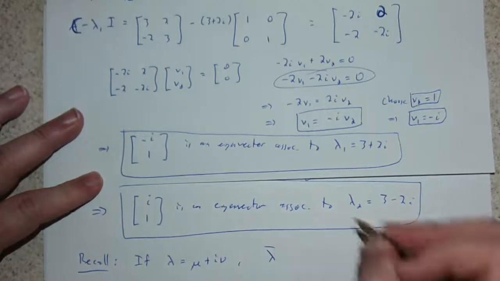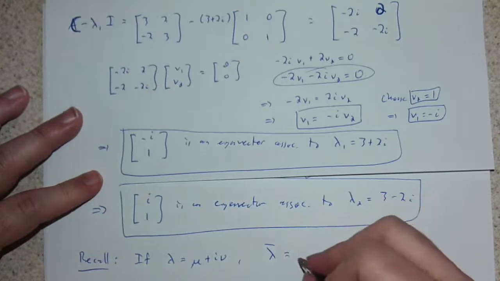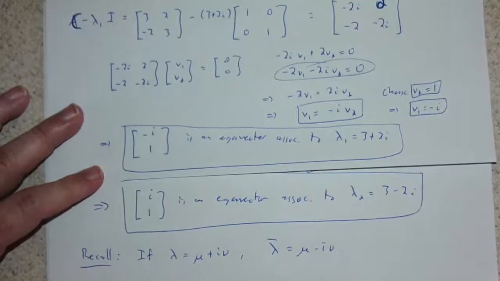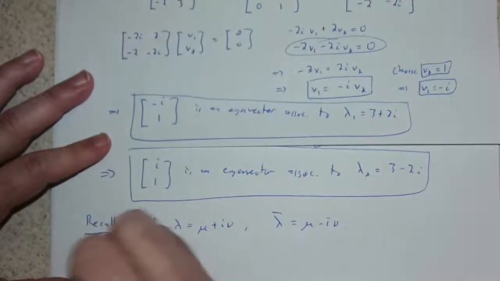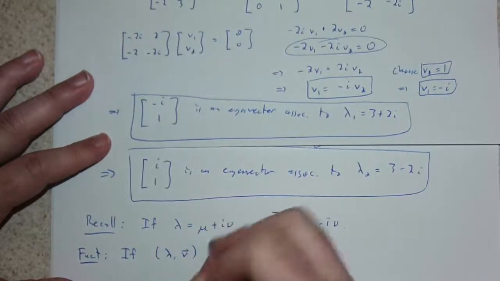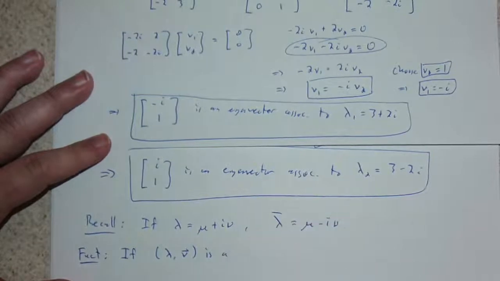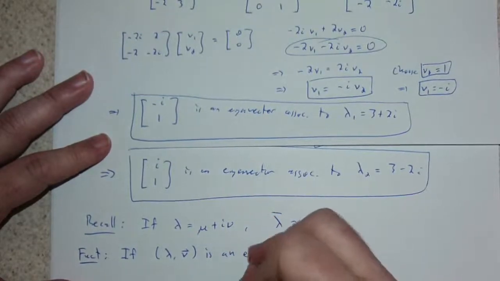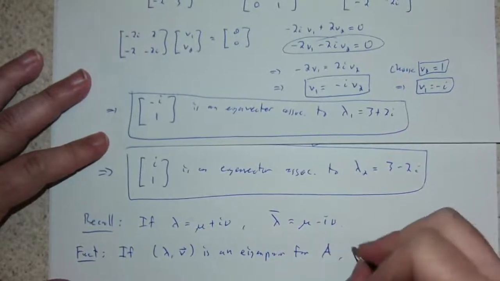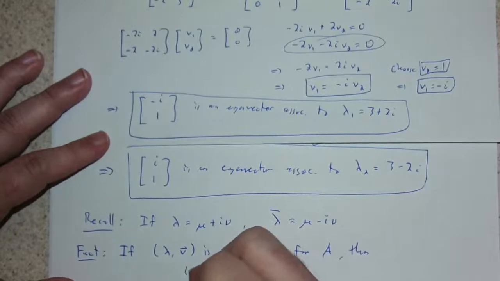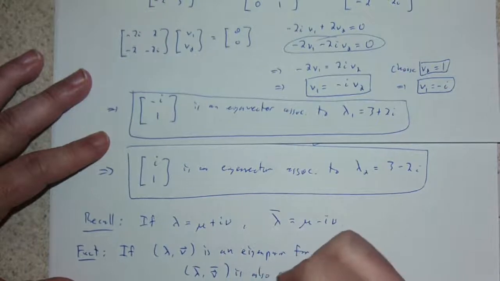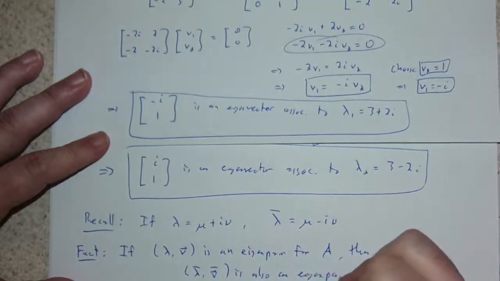Then the complex conjugate of lambda, written lambda bar, is mu minus i nu. So we have a fact here. If (lambda, v) is an eigenpair for A, then (lambda bar, v bar) is also an eigenpair for A.